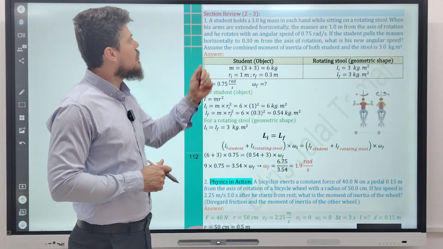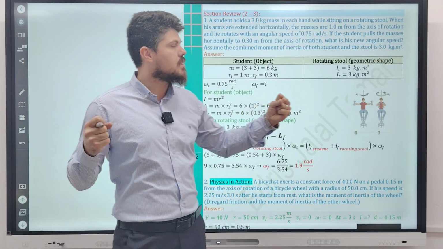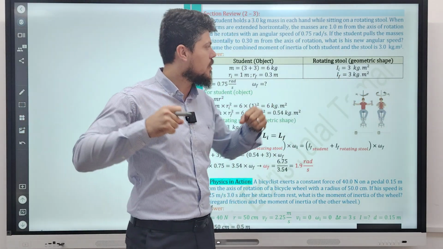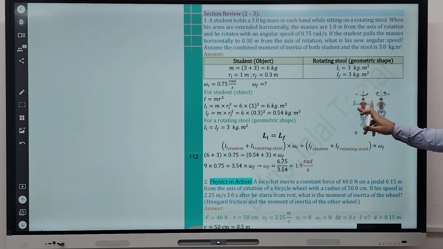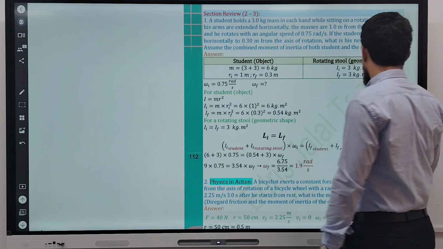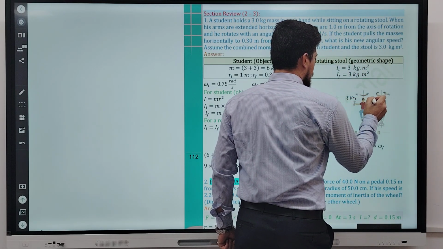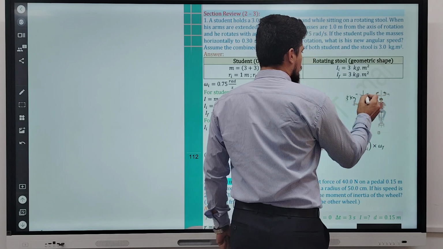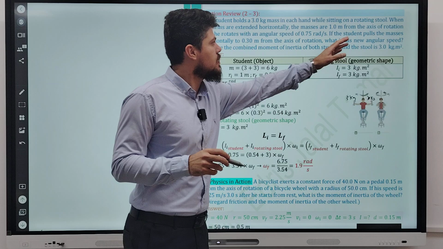A student holds a 3 kilogram mass in each hand while sitting on a rotating stool. As you can see in this figure, the student holds 3 kilogram masses. This is 3 kilogram and this is 3 kilogram. Two dumbbells, sitting on a rotating stool.